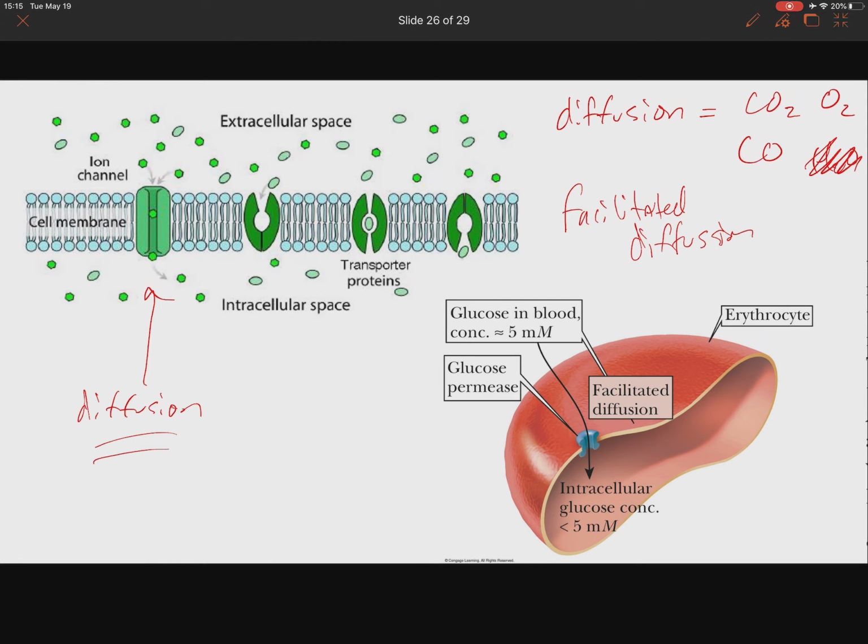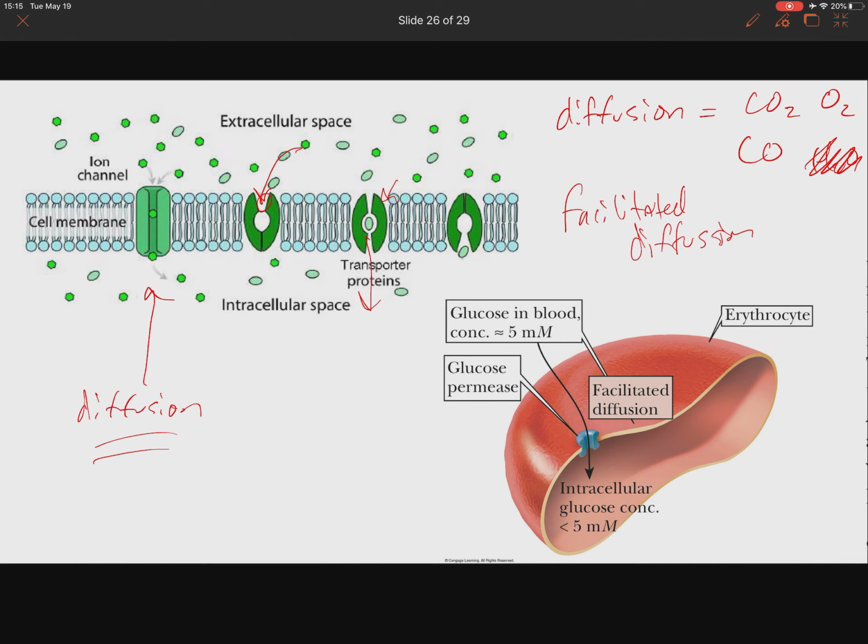The transporter protein may have to bind a molecule first, and then a conformation change happens, and then it'll spit it out. These are much slower. Both of these, though, require no energy. So sometimes binding of the proper molecule causes a conformational change that results in a flipping, and the open side closes, the closed side opens, and the molecule moves.